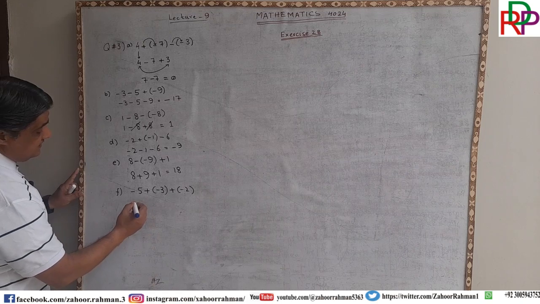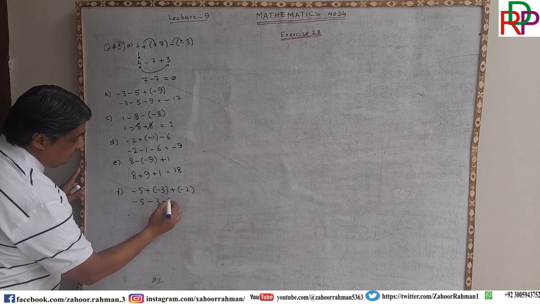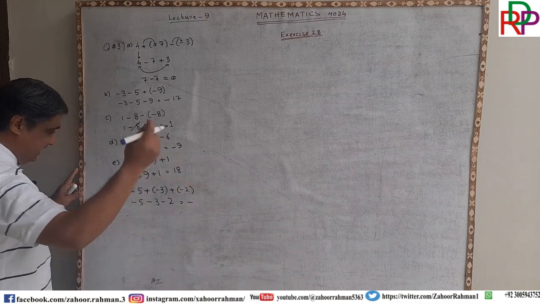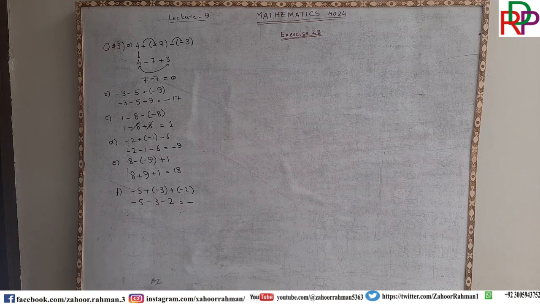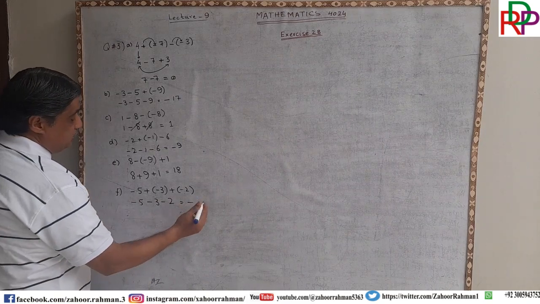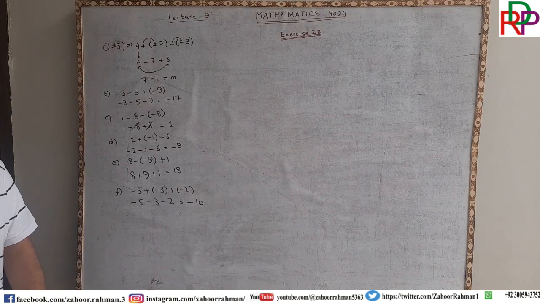There are two parentheses, so minus 5, minus 3, minus 2. Directly I am writing the symbol minus because all of them are negative, and then adding. So this is minus 10.